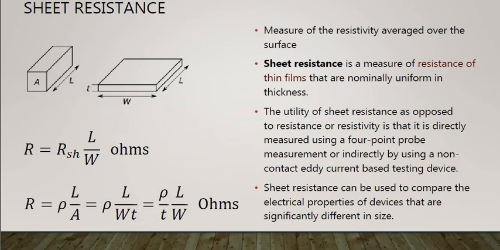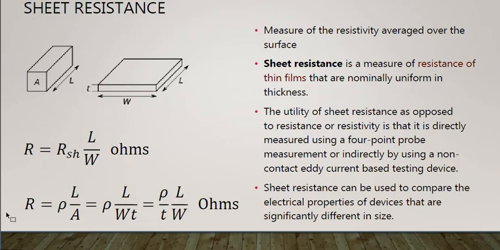Here R is equal to RSH into L by W, where W is the cross-sectional width. So the resistance of this whole thin film, capital R, is equal to RSH into L by W ohms.